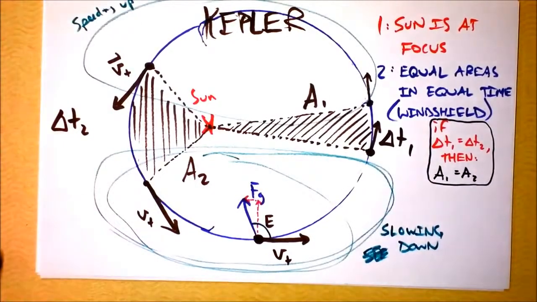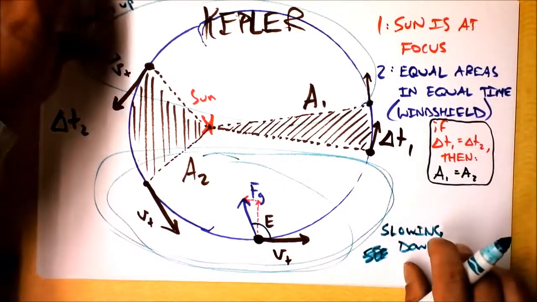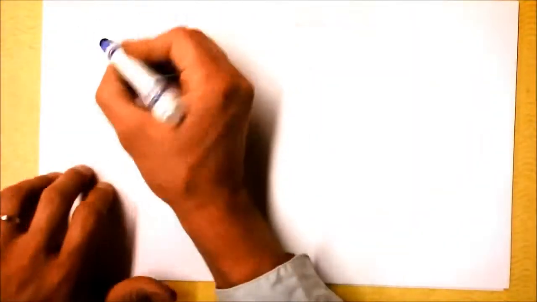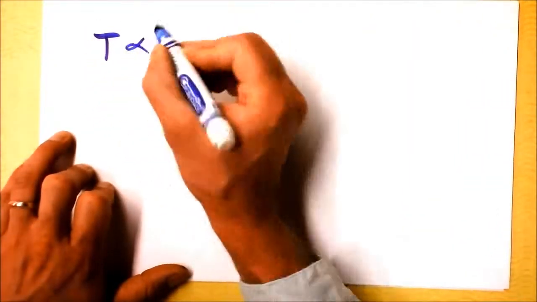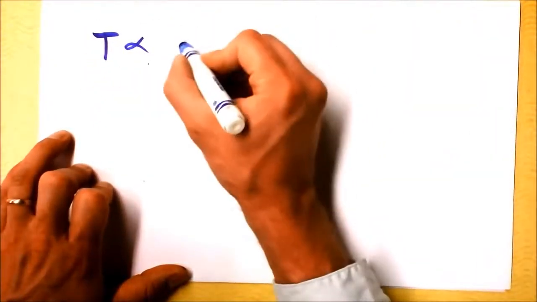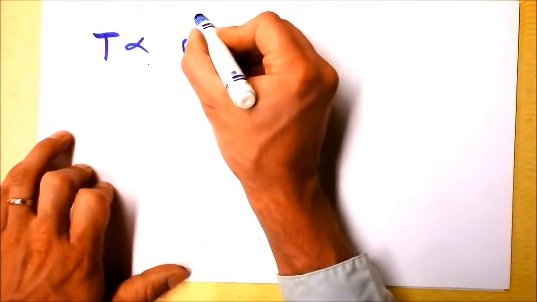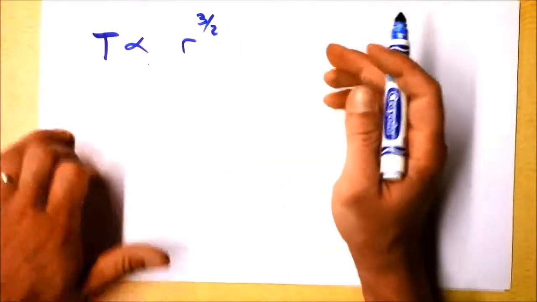Okay, fair enough. And then Kepler's third law is a beautiful thing. So let's just plop down Kepler's third law, which he got simply from mathematically analyzing these enormous bits of data. He said T is proportional to R to the 3/2. Oh my goodness.